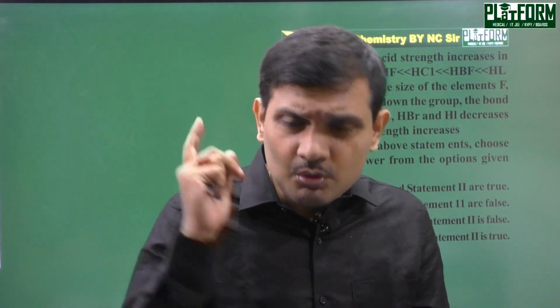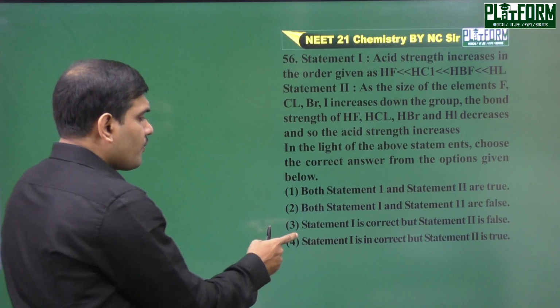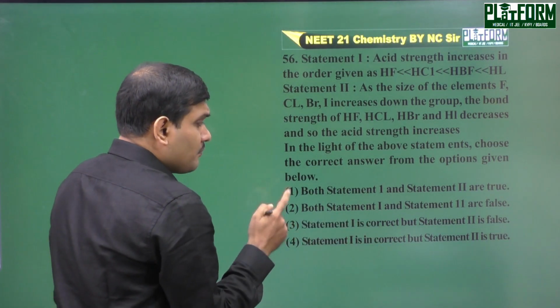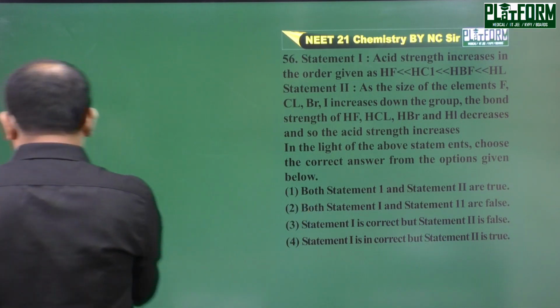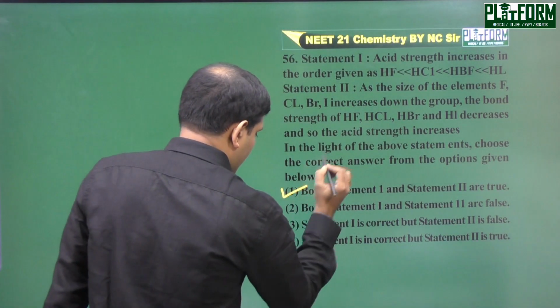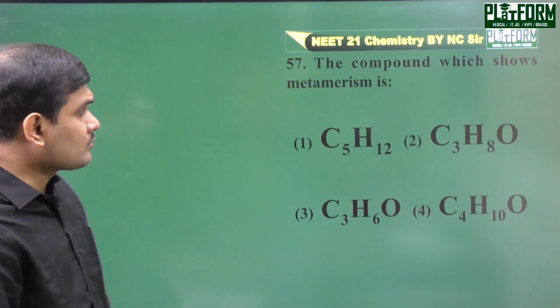I think both the statements are correct, and definitely I would go for option 1. Both statement 1 and 2 are correct, no doubt. Let's move to the next question.